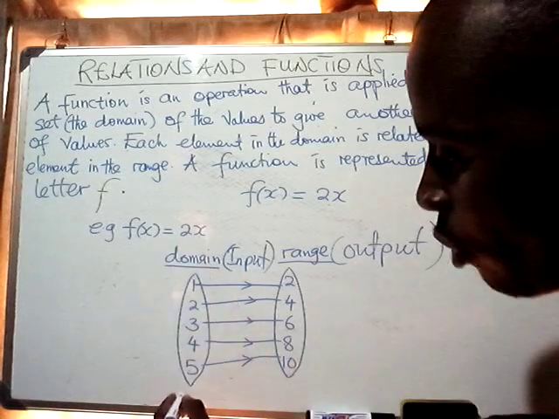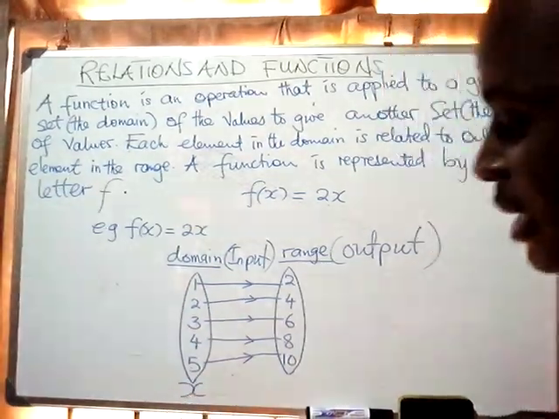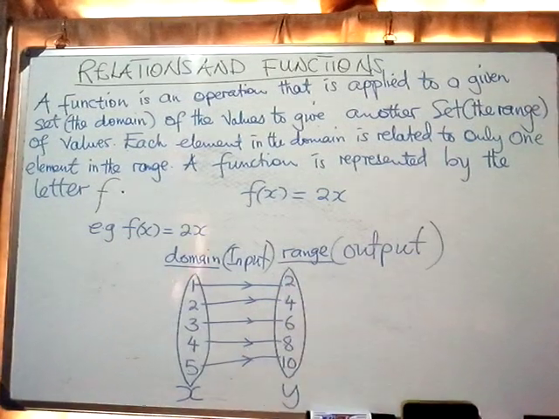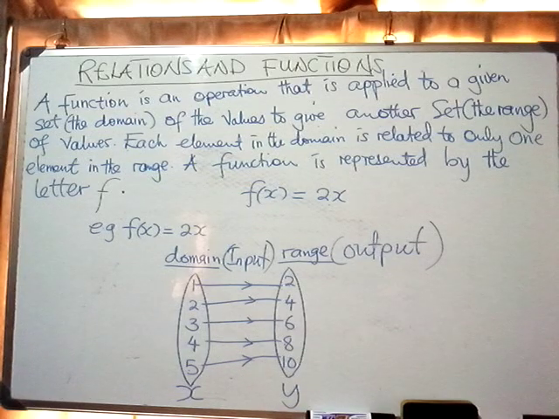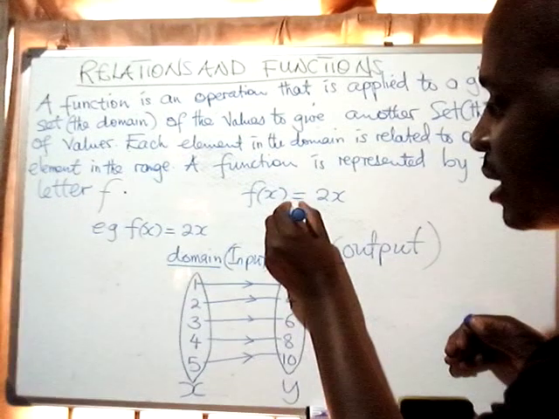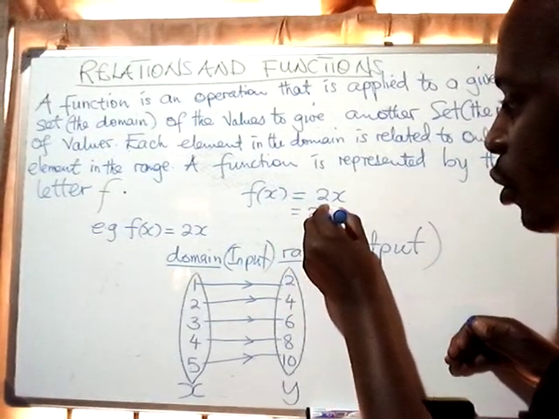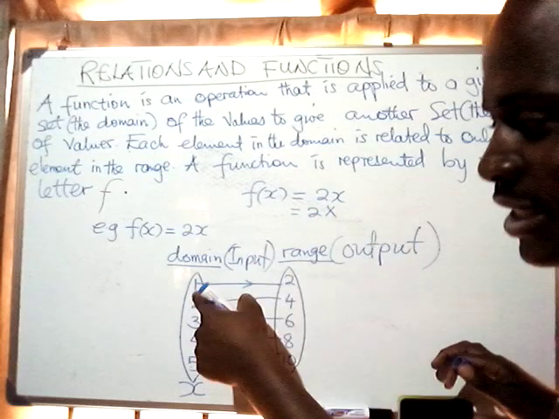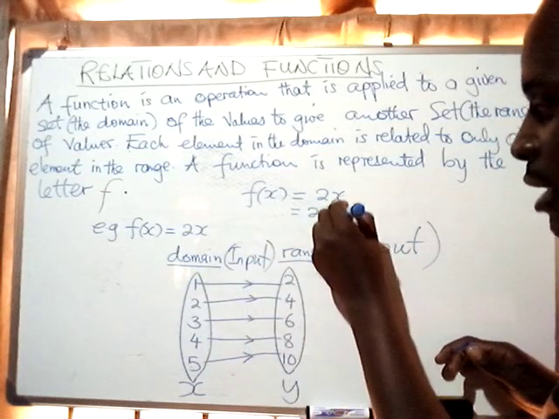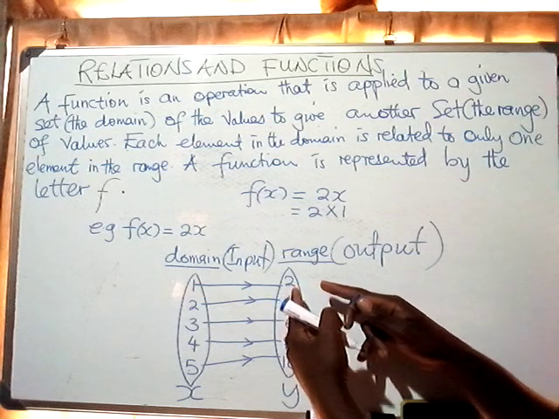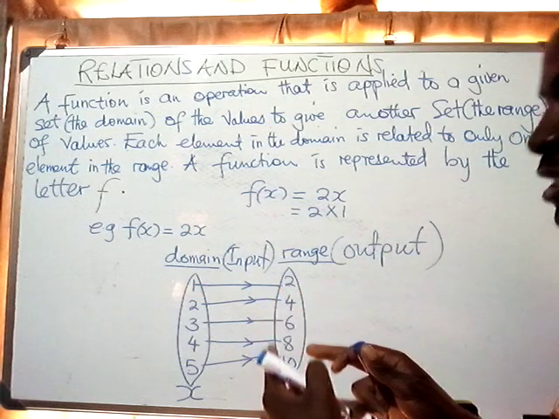The values of the domain are the values of x, and the range is also known as the output. So this function is 2 times x. If x is 1, 2 times 1, the answer will be 2. That is the output or the range.